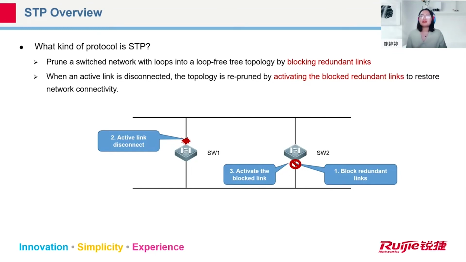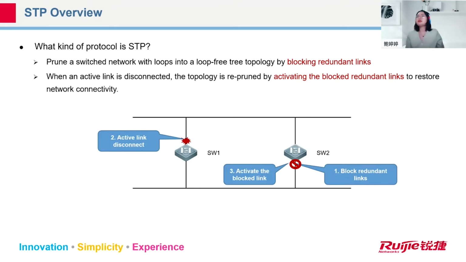And then the next key point is which interface should be blocked, which interface should work, and which interface has to help us forward the traffic. In the design of the protocol, we hope that in our network the higher bandwidth interface can forward the traffic as much as possible, right?